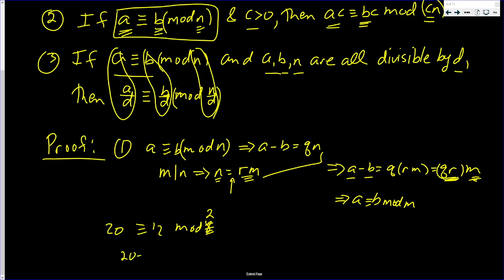And then the 20 minus 12 happens to be 8, which is 2 times an integer. So you can make that number smaller.